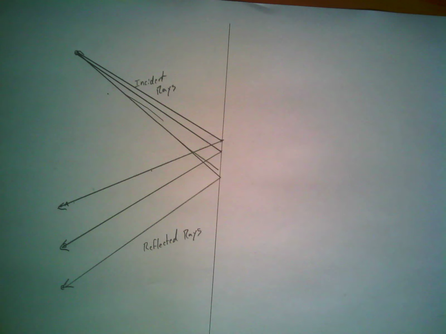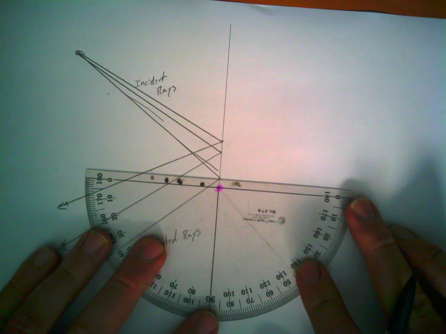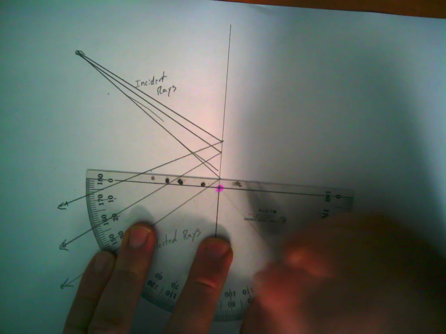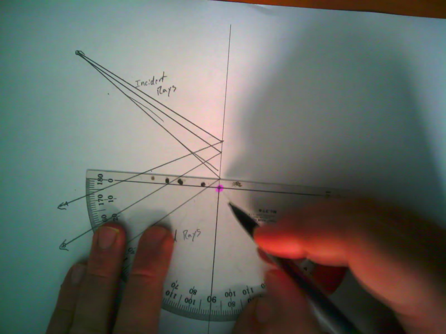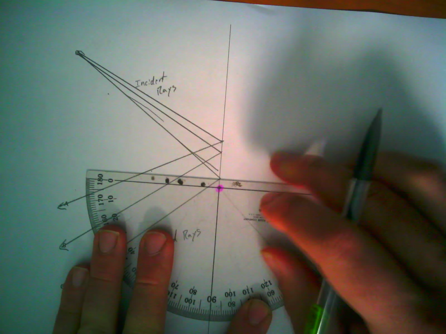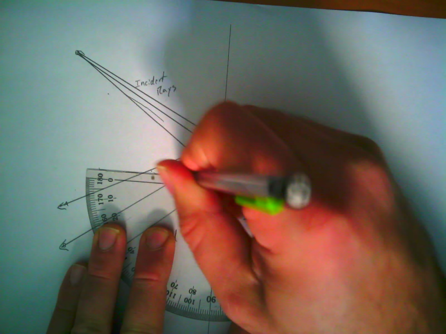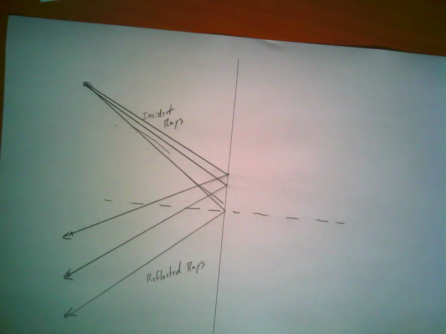Now at each point where it hit the mirror, I want to create a normal line. Remember that normal means perpendicular. So I'm going to make it so my protractor is right on the point, and that this line is right on that middle line where the mirror was. And I'll make a little dotted line here. That's my normal line.